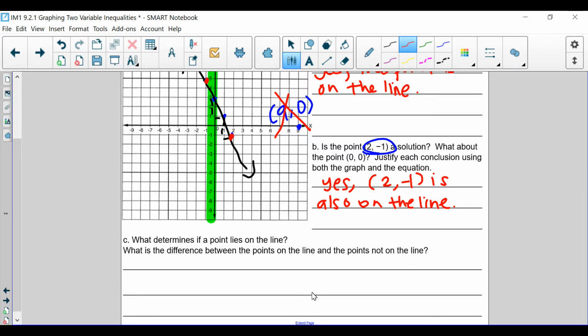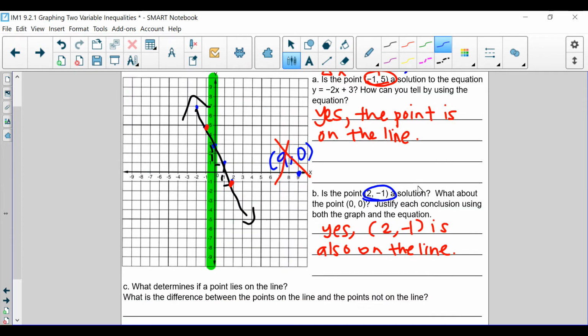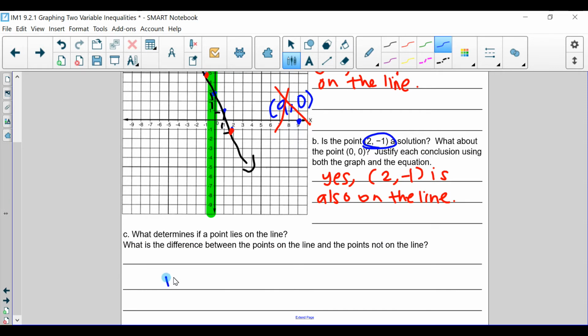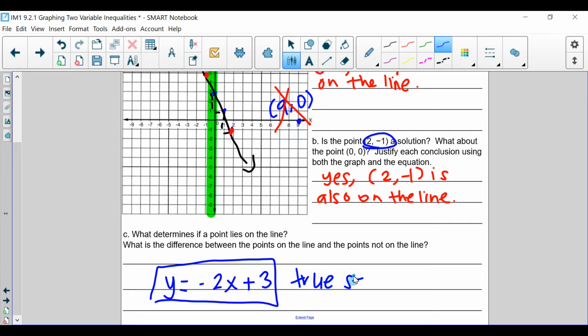Well, points on the line have to follow this equation, y is equal to negative 2x plus 3. It needs to be able to make true statements with this line. If it makes true statements with that line, then you're good. That's solid. If it doesn't, then it's not.